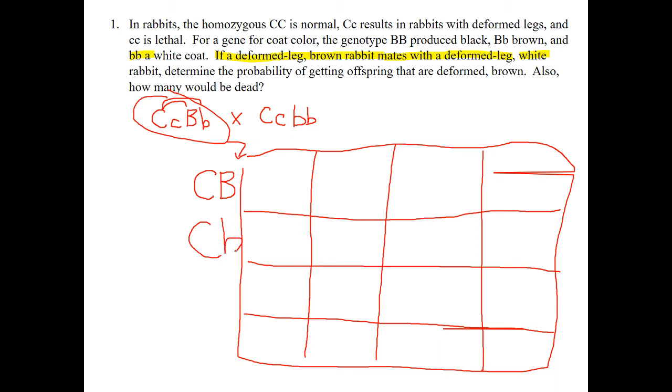So that's the first two possibilities. Now, the small c allele can go with the big B, or it can go with the small b. So in this case, I have the small c with the big B, and the small c with the small b. Can you see how I do all the gametes? So there are 4 possible gametes in this scenario with 2 different characteristics and with these alleles here.